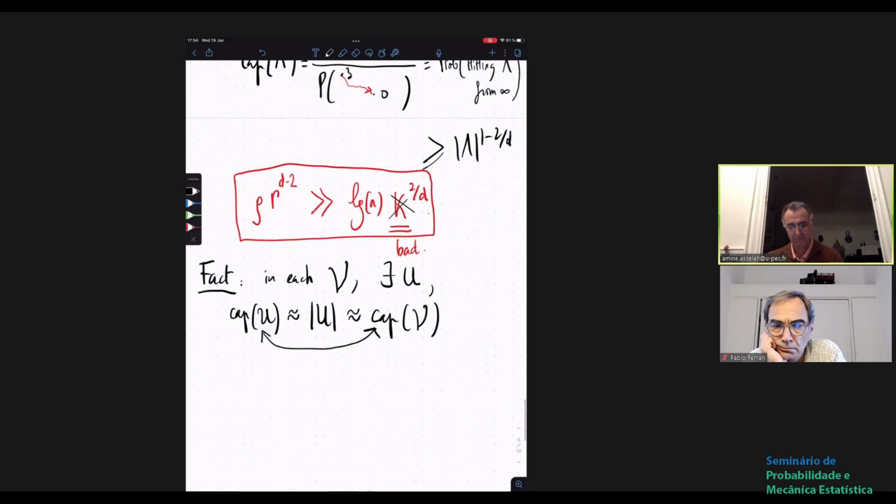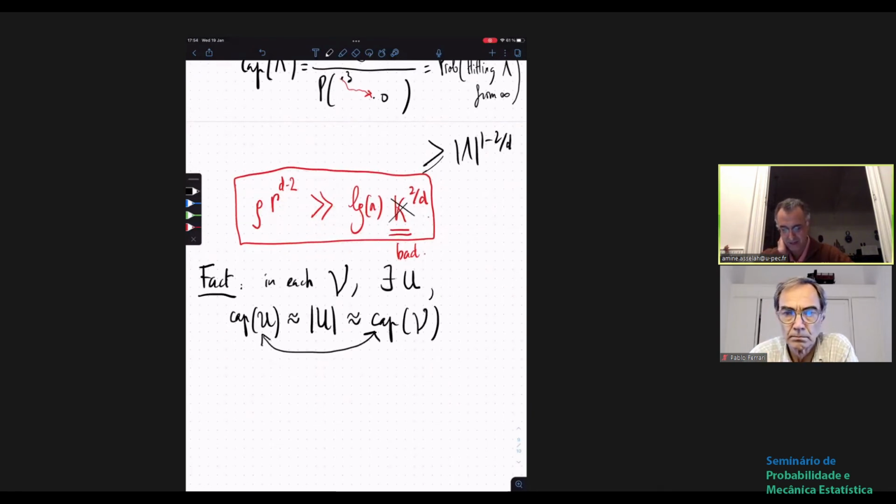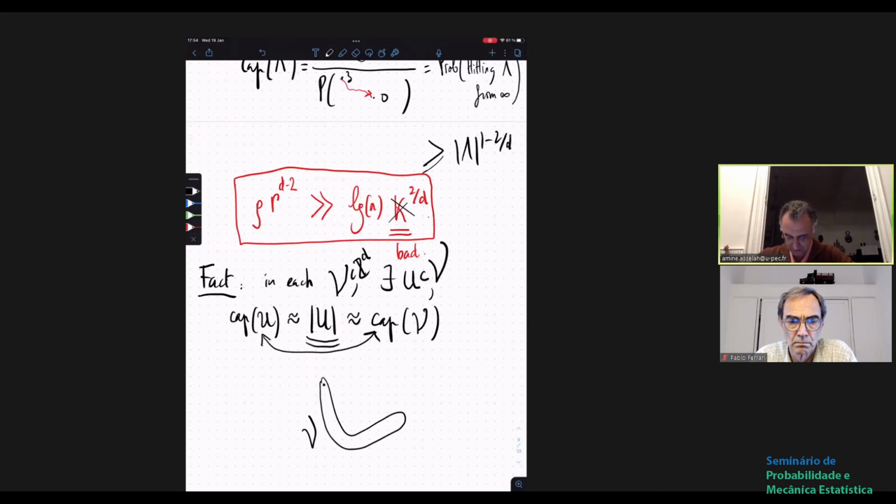I don't want to say more, I hope this fact is clear enough. For each finite V, a subset of Z^d, there exists a U inside V such that U has the same capacity as V, so it's the same thing seen from infinity, but a much smaller volume. And the way to build U is a nice probabilistic way. From any site of V, which is deterministic, you throw an independent random walk.